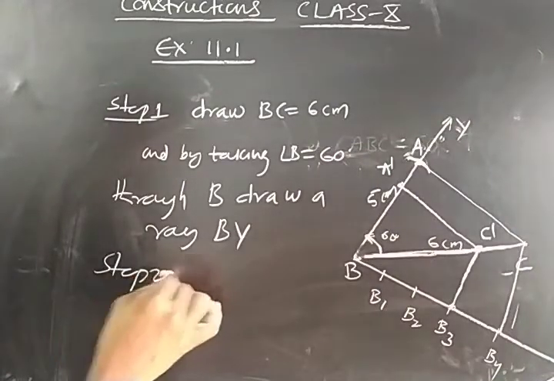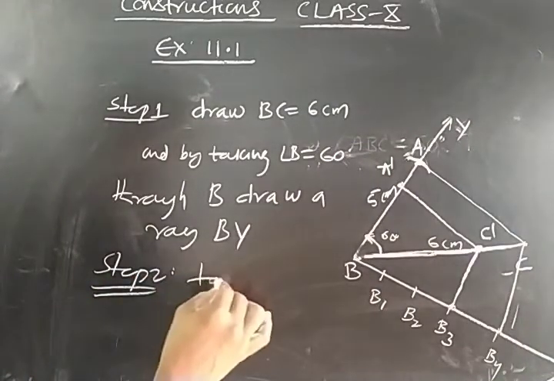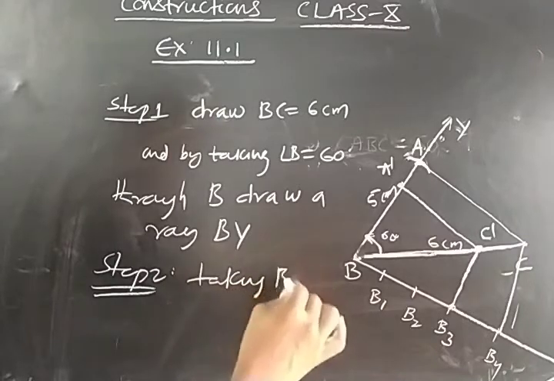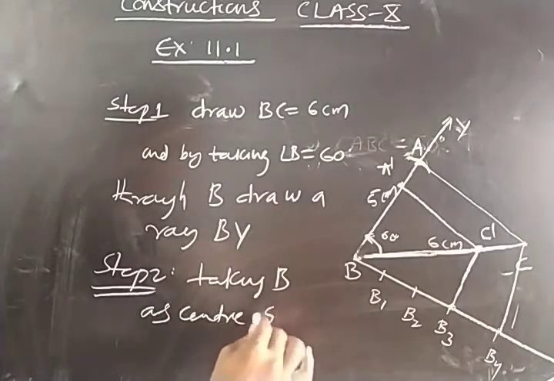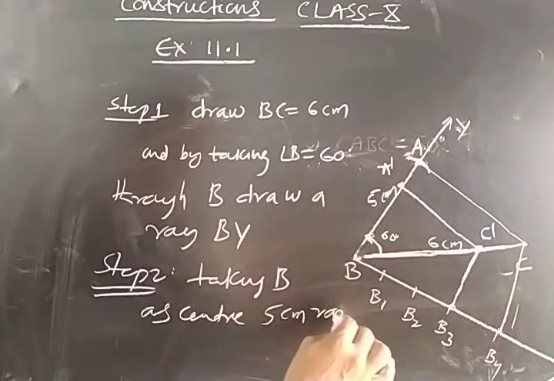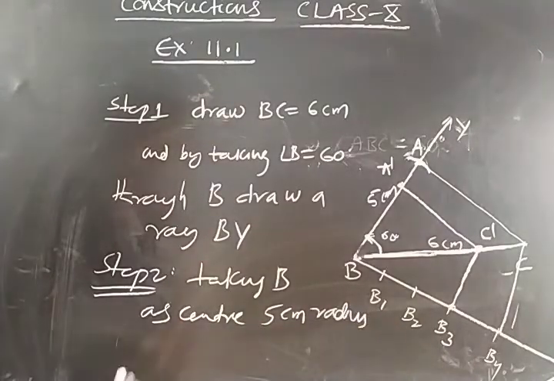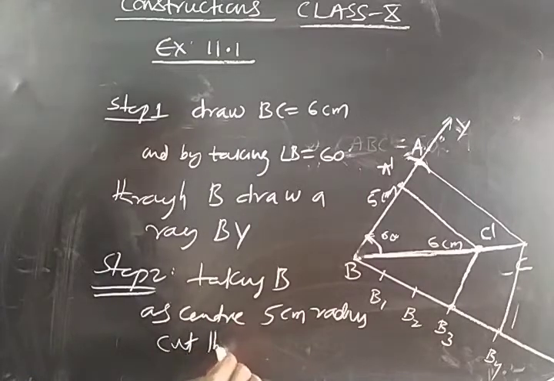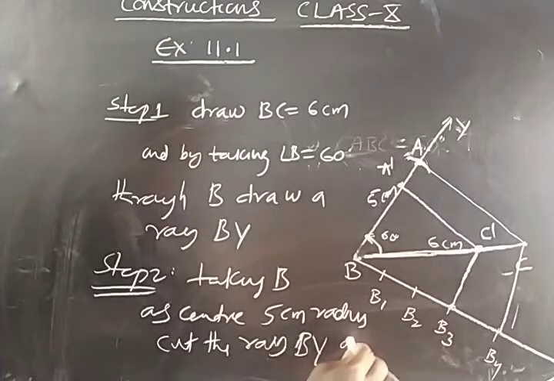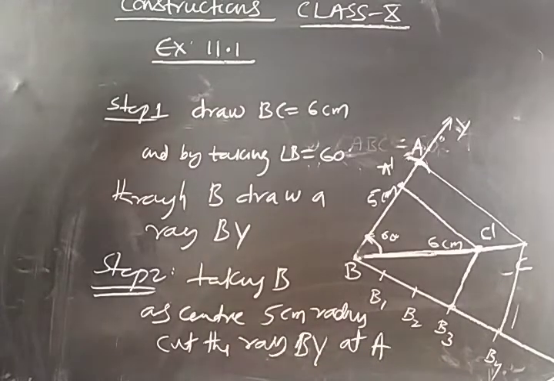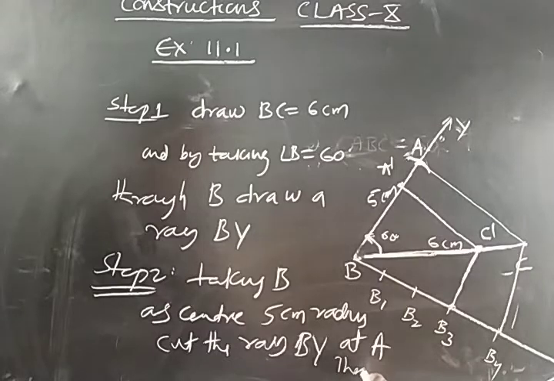In step 2, what I did, taking B as center, 5 centimeters radius, cut the ray BY at A. Then join AC.